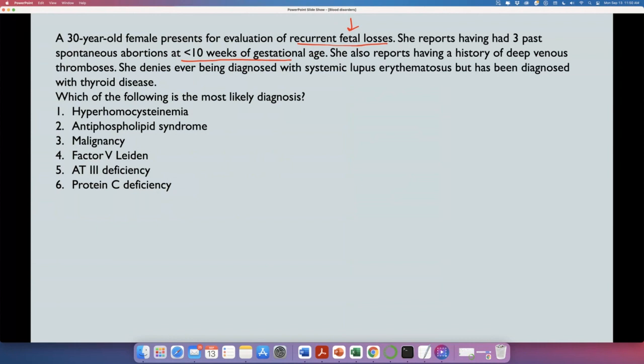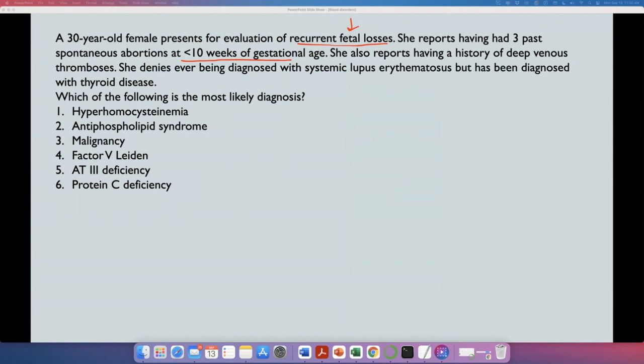Notice that, or compare this with the previous one that simply mentioned miscarriage. Here we have something that is heavier about spontaneous abortions, three, and recurrent fetal losses.